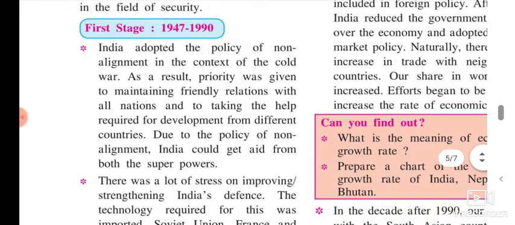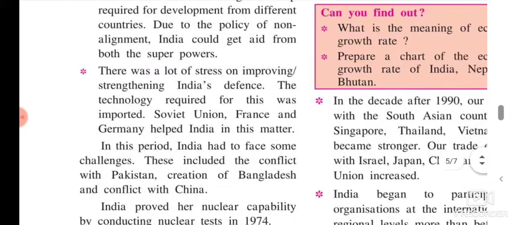First stage, 1947 to 1990. India adopted the policy of non-alignment in the context of the Cold War. As a result, priority was given to maintaining friendly relations with all nations and taking help required for development from other countries. Due to the policy of non-alignment, India would get aid from both the superpowers. Second, there was a lot of stress on improving and strengthening India's defense.